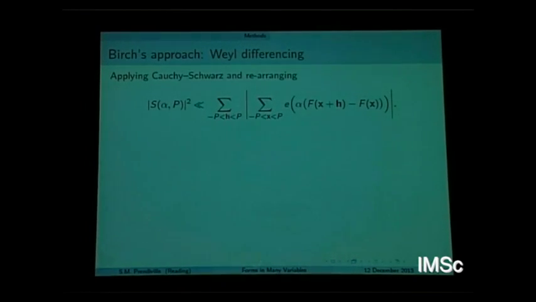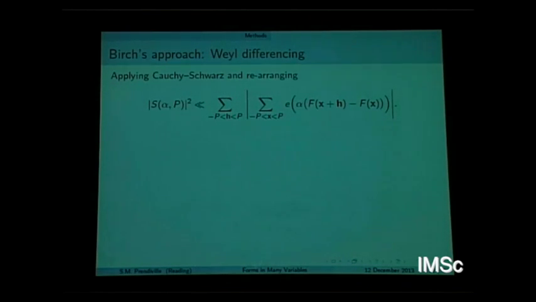So I'm just going to sketch Birch's approach to bounding this pointwise, and it uses Weyl differencing, and then I'll talk about our modification of Birch's approach. This is a very standard trick in harmonic analysis and number theory, enormously useful. So what do we do?